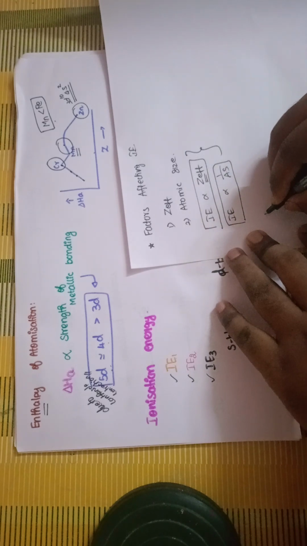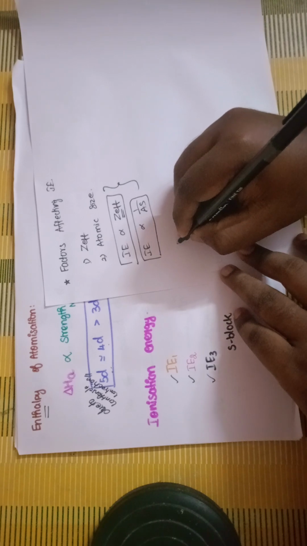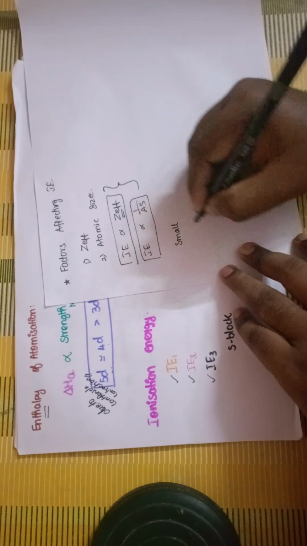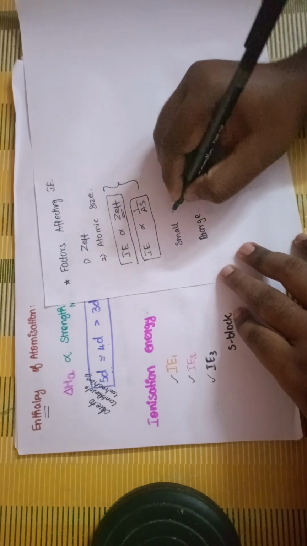For some cases, we will say the amount of energy required is small. For some cases, we will say the amount of energy required is large. Why do the differences arise?